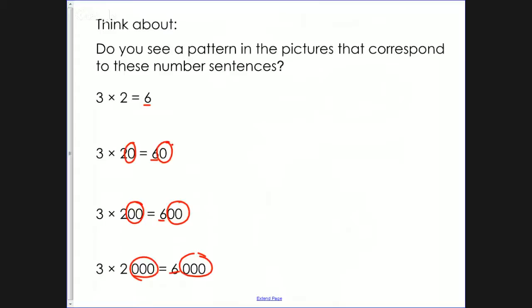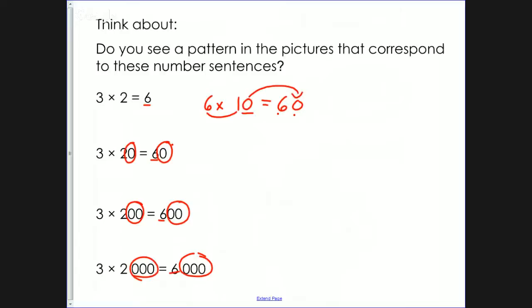So if you remember back in the last lesson, when we were talking about multiples of 10, 100, 1,000, and 10,000, when we multiply by 10, we add 1 zero to the end of the number. So for example, 6 times 10 would be 60, and we would do 1 times 6 is 6, and then we would add the 0 onto the end because there's a 0 in 10.